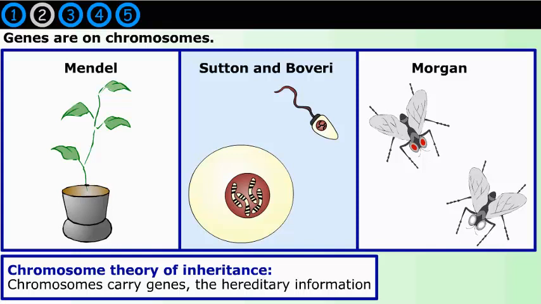This led them to believe that Mendel's genes are located on chromosomes. They proposed the chromosome theory of inheritance, which stated that chromosomes carry genes, the hereditary information.